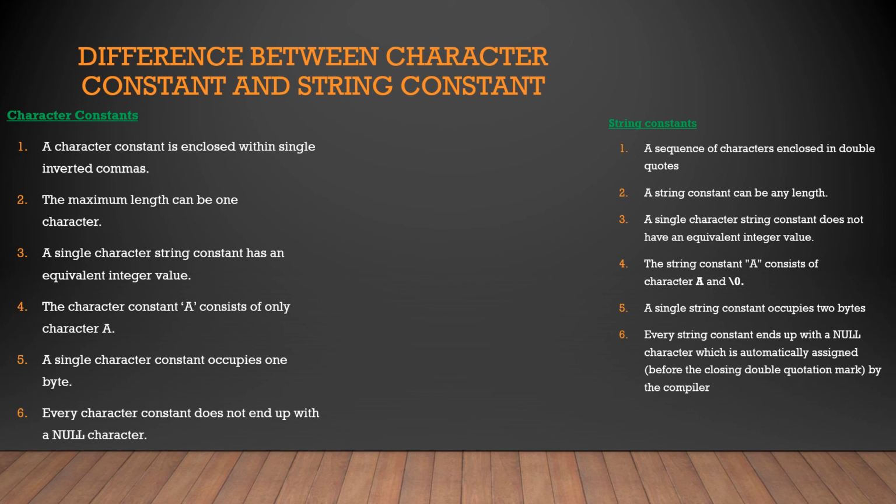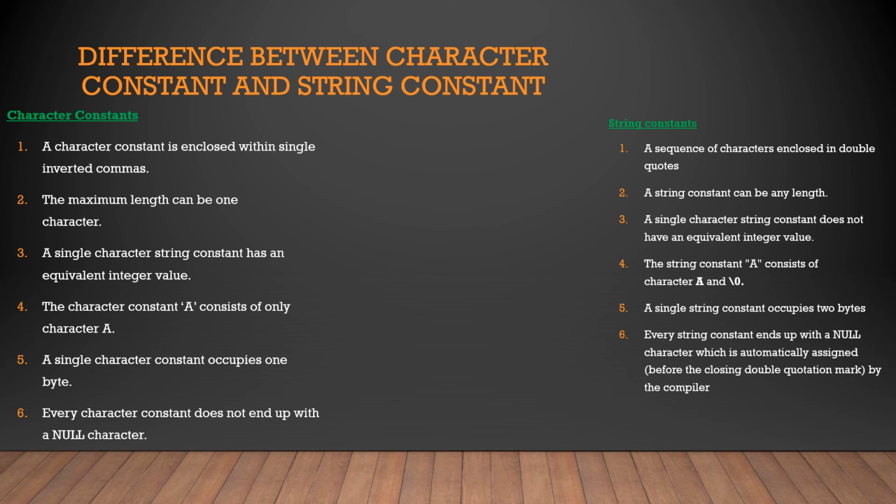A string constant can be of any length. And third, a single character constant has an equivalent integer value, since it is only one character. But a string does not have an equivalent integer value because it is a group of characters, so the value is not the same.